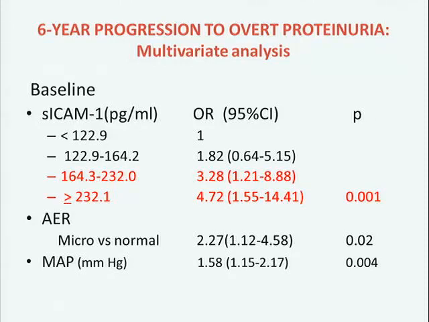Hypertension is a very strong factor in our cohort, as we've seen in other studies. AER and mean arterial blood pressure are also independent. So these three, and note that all the other factors, particularly glycated hemoglobin, did not play any role in this, and only those factors remain significant.